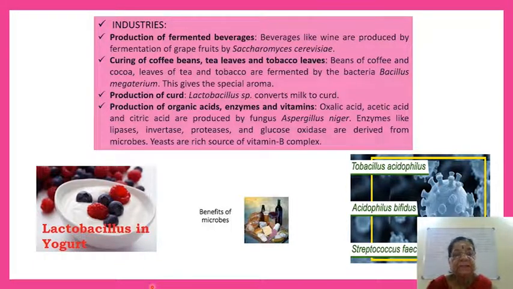Okay. Then bacteria, they are useful in industries. Industriesla first என்ன சொன்னேன்? First, production of fermented beverages. Beverages na wine, பீர்லாம் சொல்லுவல அதெல்லாம் beverages like wine are produced by fermentation of grapefruits by the yeast group Saccharomyces cerevisiae. இது வந்து ஒரு type of yeast group.